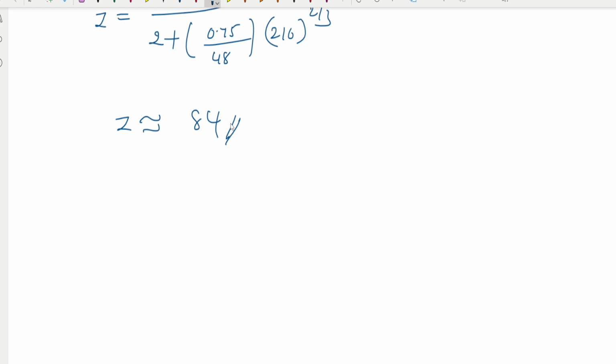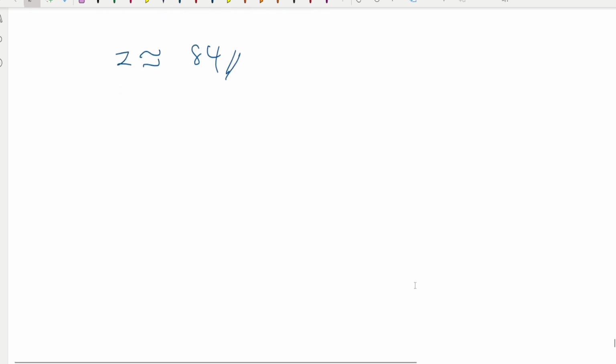So one more problem is there, a similar problem. This one is very important. A nucleus of mass number A equal to 125, the binding energy calculated from the liquid drop model. So the binding energy, they are giving the symmetry terms. They want to find the Z value.